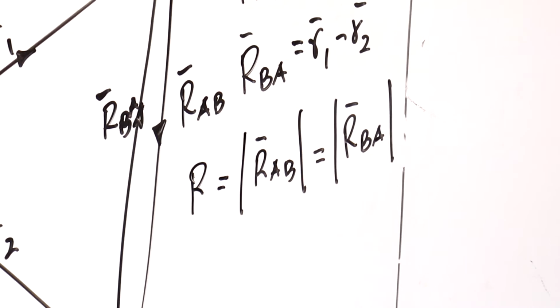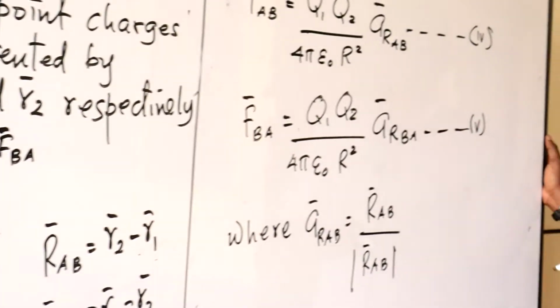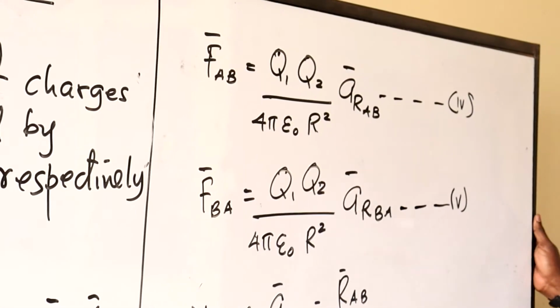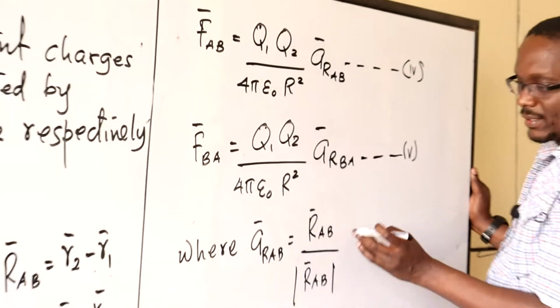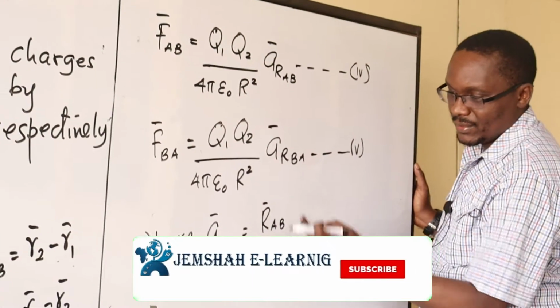So now let us come back to our equation 4 and 5. We've said here that the vector R_AB is given by this.